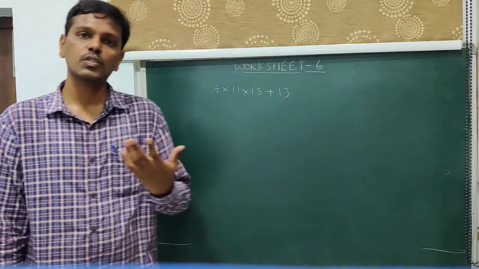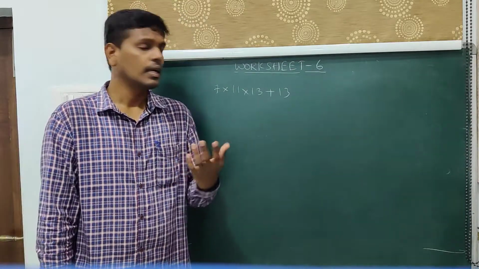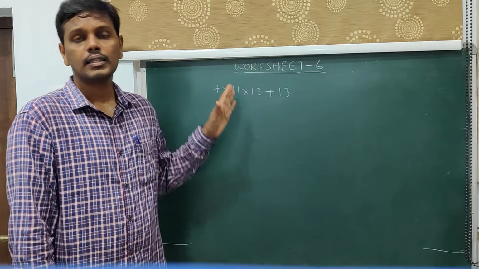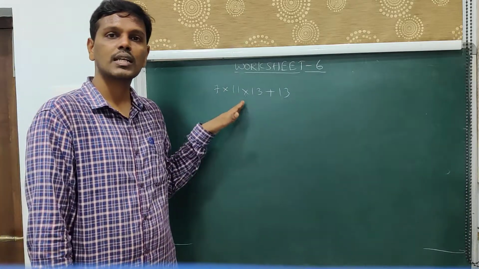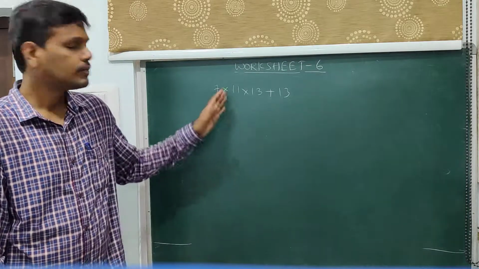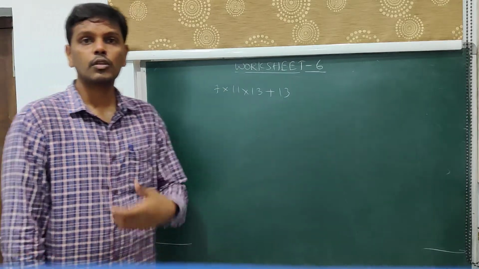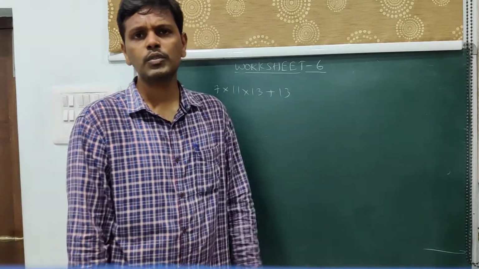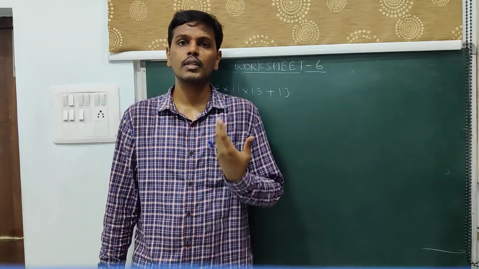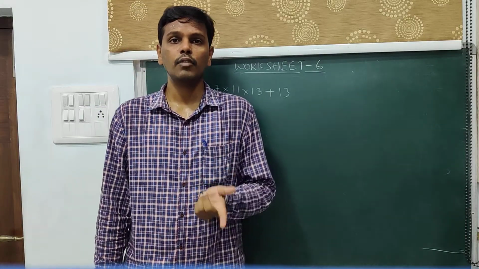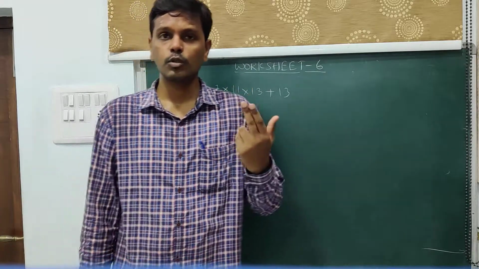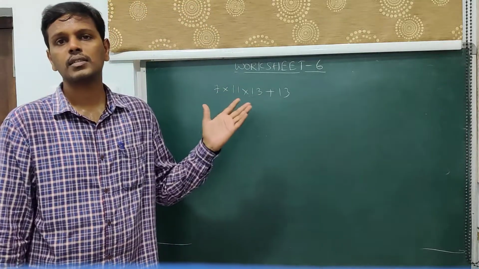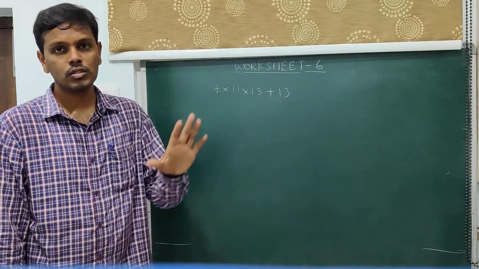Such numbers we call composite numbers. So it is sufficient to say that this number is not prime. To show that, you have to show there are more than two factors. If you are able to find one factor apart from 1 and the number itself, then you can conclude the number is composite. That is the logic I am using.